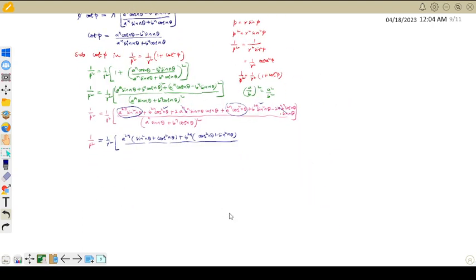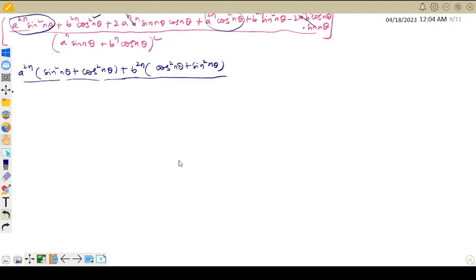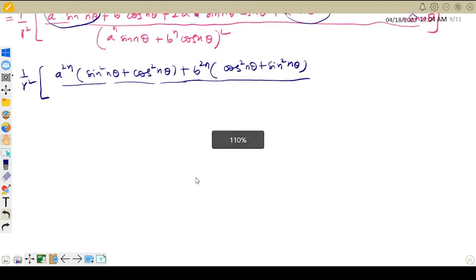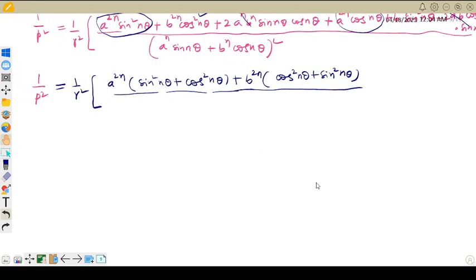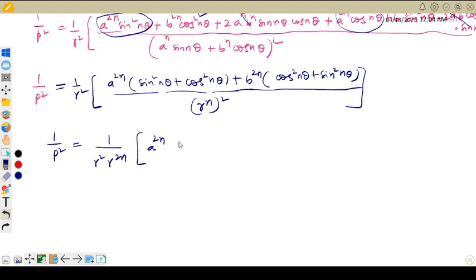So its value is r raised to n whole square. This is 1 by p square is equal to, look at this, 1 by r square into r raised to n into 2 is r raised to 2n into, this is a raised to 2n.